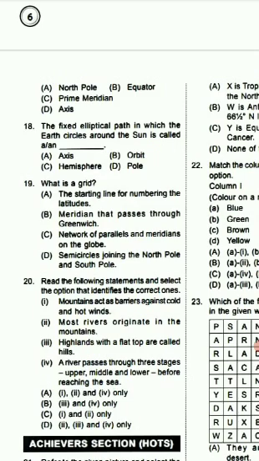A river passes through 3 stages: upper, middle, and lower before reaching the sea. There are 4 options, and the correct option is A. That is, highlands with a flat top are called plateaus.